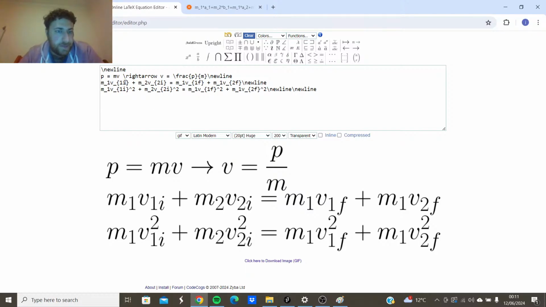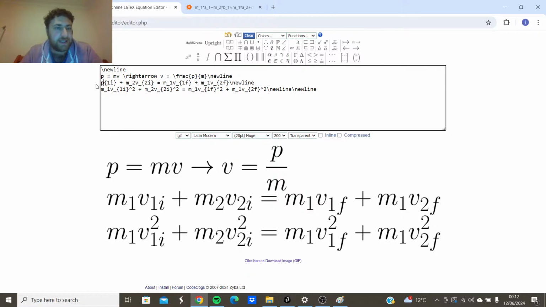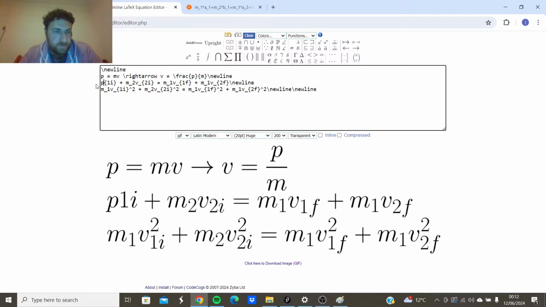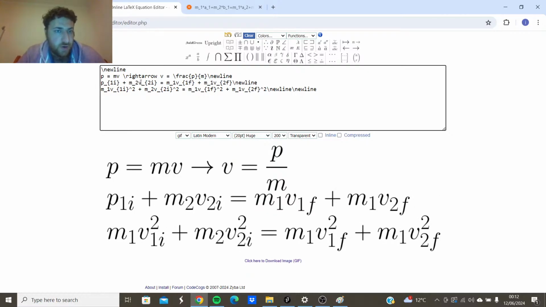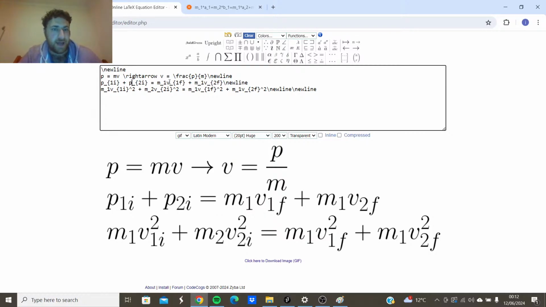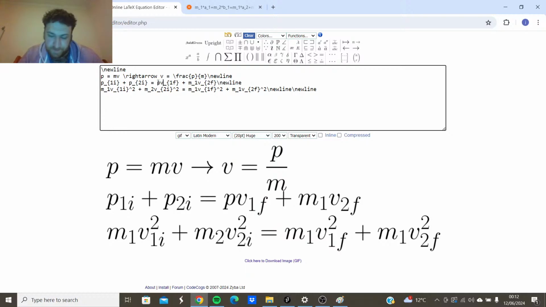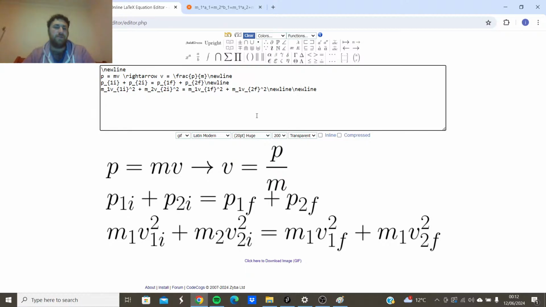So all of this m1 v1i is going to become p1i. All of this m2 v2i is going to become p2i. m1 v1f is going to become p1f, and m2 v2f is going to become p2f. So that's the equation we had originally.